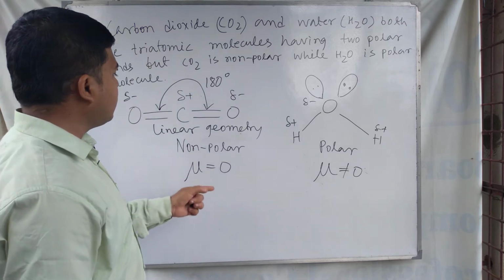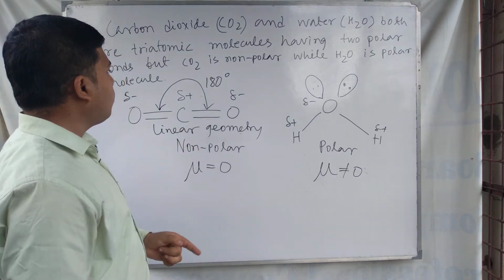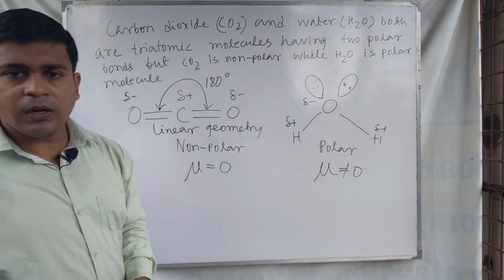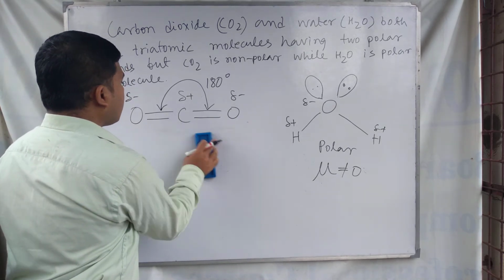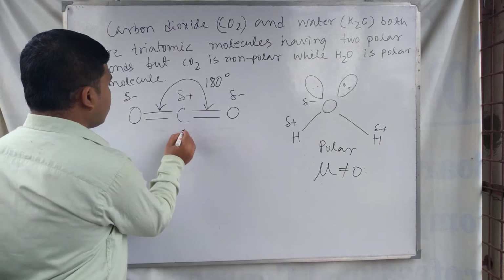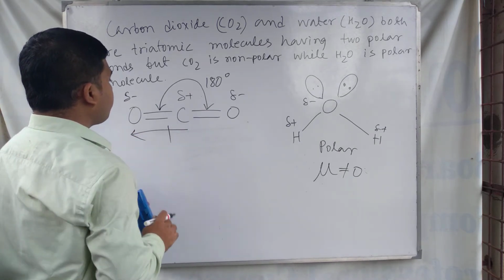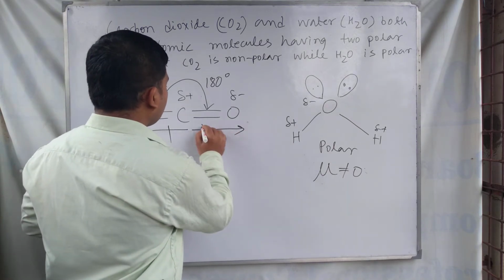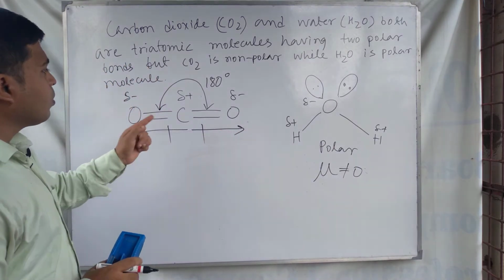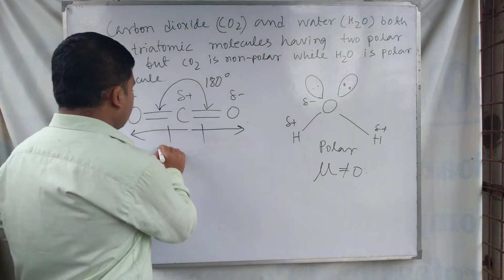As dipole moment is a vector quantity, for the linear geometry of the carbon dioxide molecule, the dipole moment direction should be from the carbon end to the oxygen, and likewise for this other bond. So this is a linear molecule.